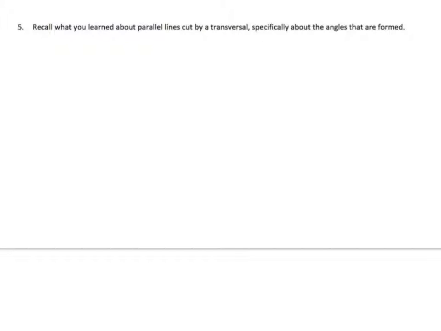Taking that to the next step, let's look at our next exercise. Recall what you learned about parallel lines cut by a transversal, specifically about the angles that are formed.